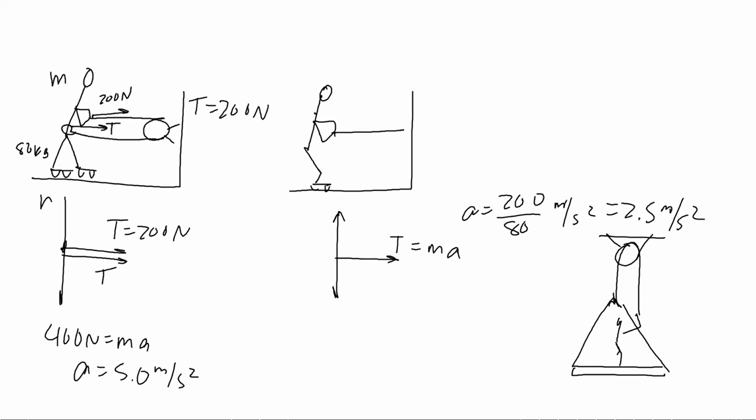If you want, you can separate the system into the platform and the painter, or the platform and the person. That actually doesn't matter. What matters is that the painter and platform system is pulling on the rope with the pulley.